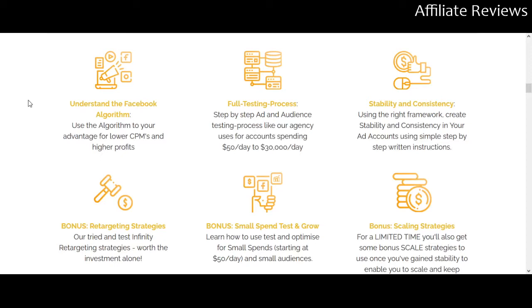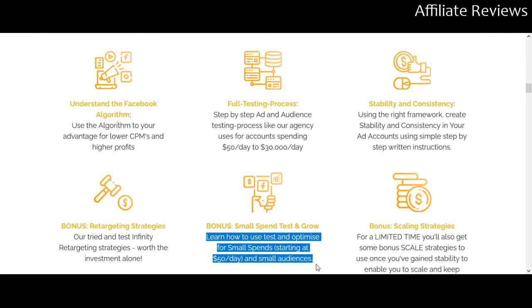So understand the Facebook algorithm, full testing process, stability and consistency, and then we've got 3 bonuses here: retargeting strategies, small spend, test and grow. Learn how to use, test, and optimize for small spends, starting at $50 a day. Okay, so I spoke too soon.